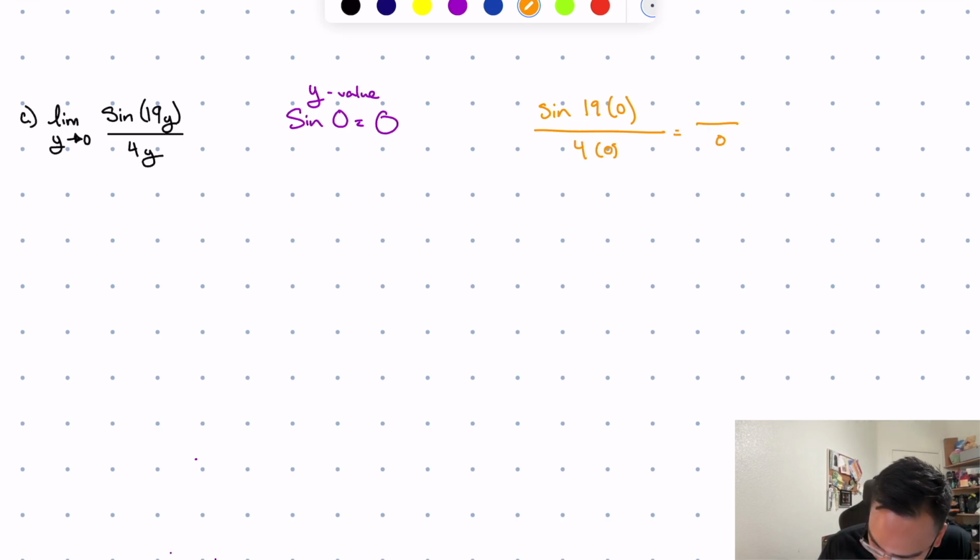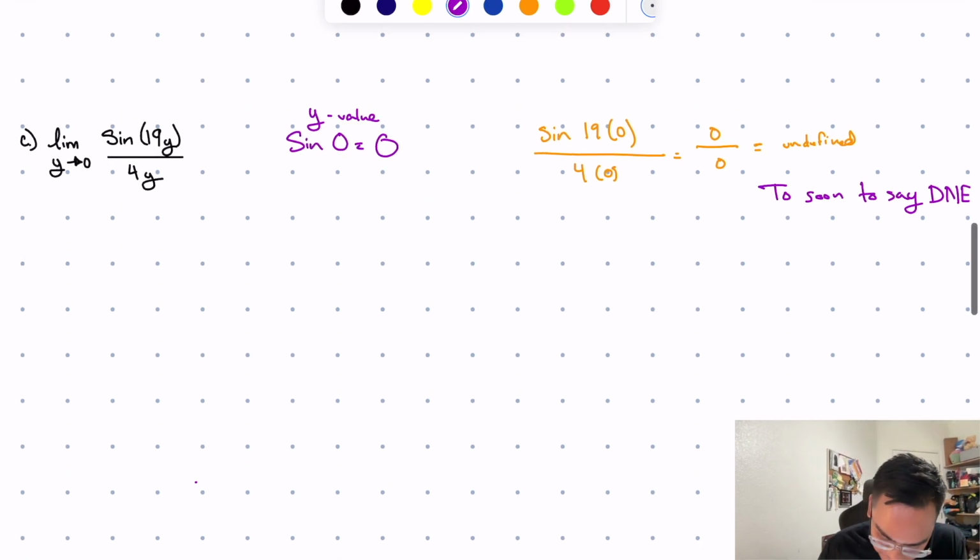So it's a 0 on the bottom and 0 on top, because 19 times 0 is just 0. But it's too soon to say that. So we've got to approach it a different way.